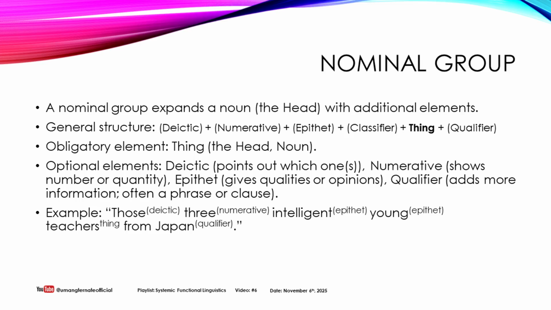Let's say they are not physics teachers, but language teachers. Eventually, the prepositional phrase from Japan is the qualifier. You can use a clause like whom I met at the airport as a qualifier too. So you will have those three intelligent young language teachers whom I met at the airport as a nominal group.